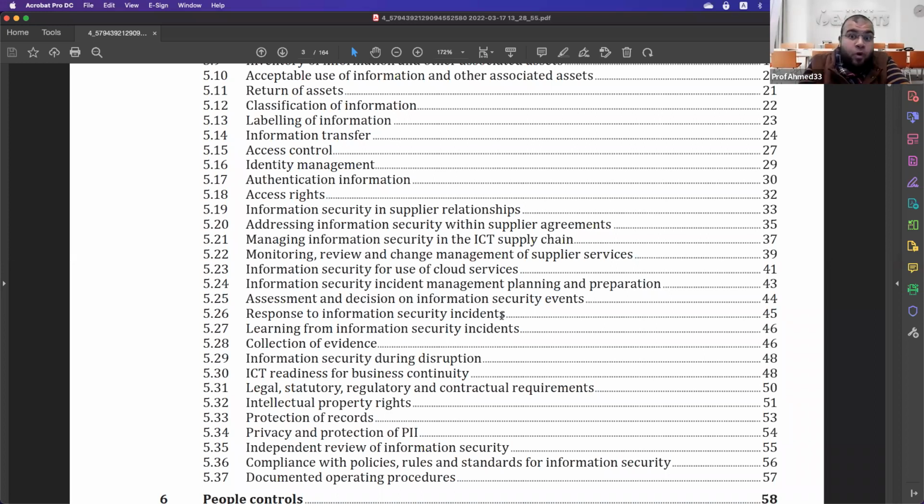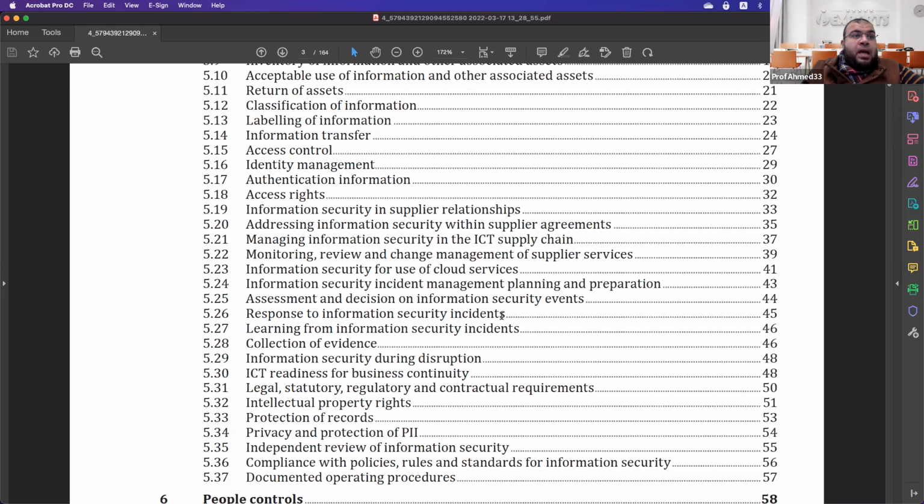And 18 is protecting the PII, personal identifiable information, in public cloud. Fine. So these are the controls that we have. Especially you can see it's very clear here for cloud services and so on.